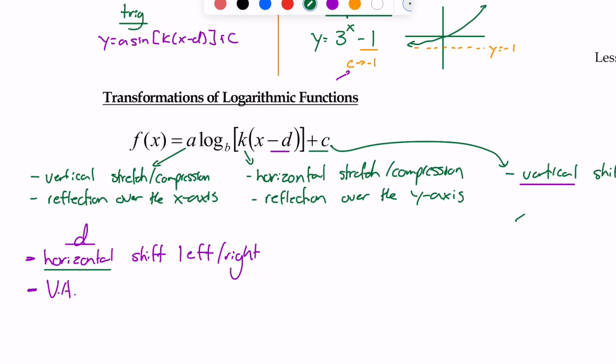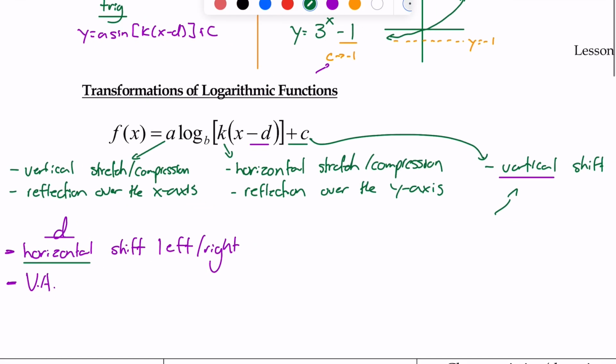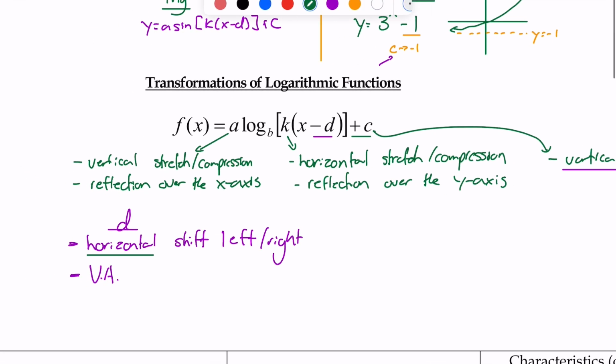On exponentials, the asymptote occurred on a y transformation. Now, the asymptote happens on an x transformation because logarithmics and exponentials are inverse functions of each other, okay? So the D value, whatever that number is, is where you're going to put your vertical asymptote. So if it was like x minus 3, you would have a vertical asymptote at 3. Remember, it's always the opposite, okay?